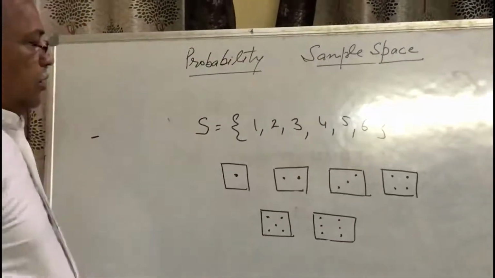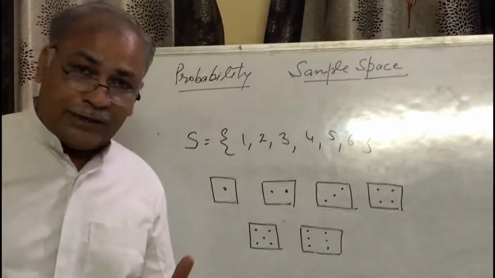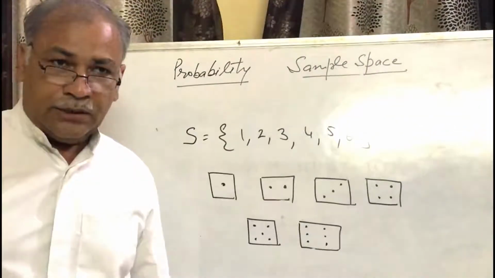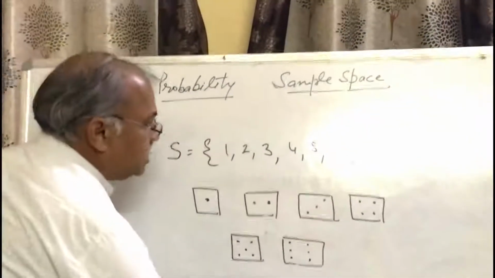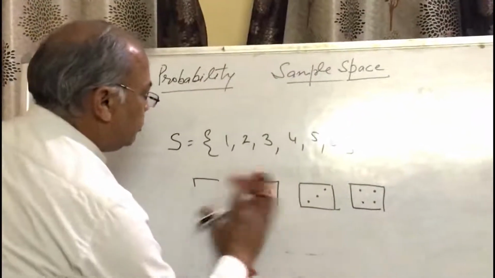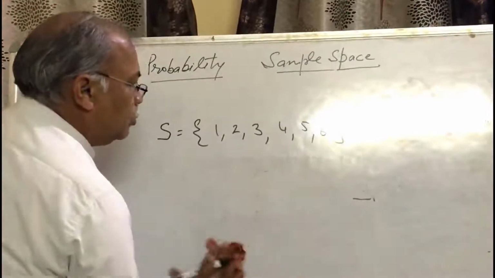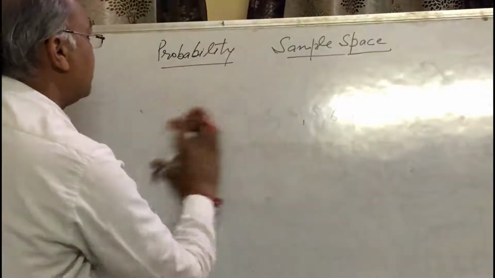When we throw the die twice, or 2 dice simultaneously, then what will happen? Let us see. This is very interesting, and how to write the sample space when 2 dice are thrown simultaneously.